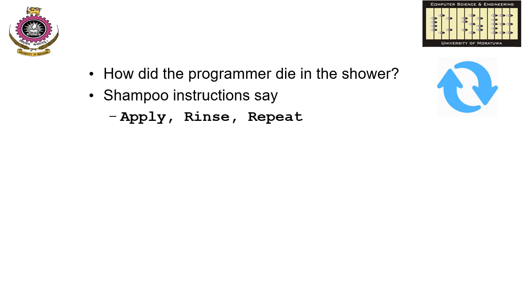So what will the programmer do? He or she will likely apply, rinse and repeat indefinitely, infinitely. If that happens over and over without stopping, the programmer is likely to have some issues, some poisoning, something like that, and is likely to be affected. His or her life may be affected.